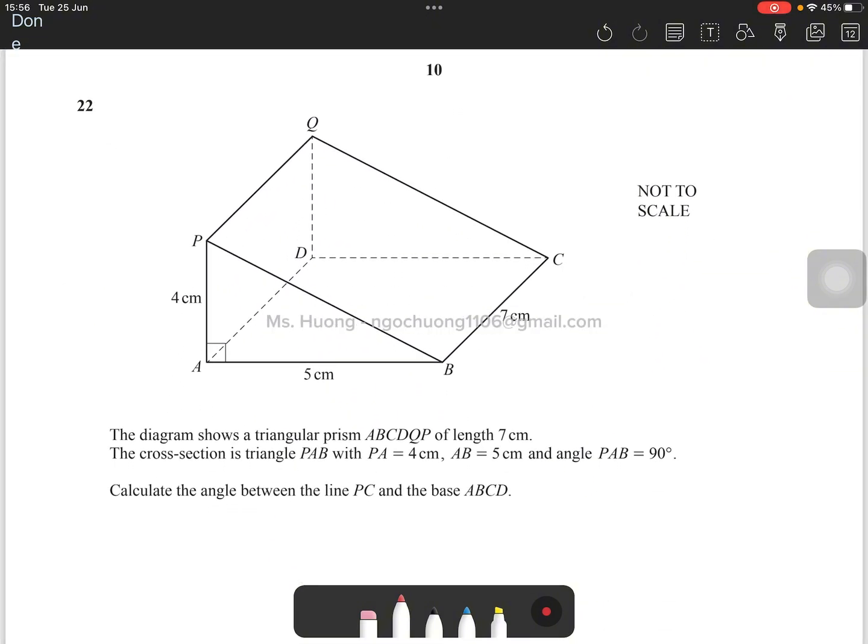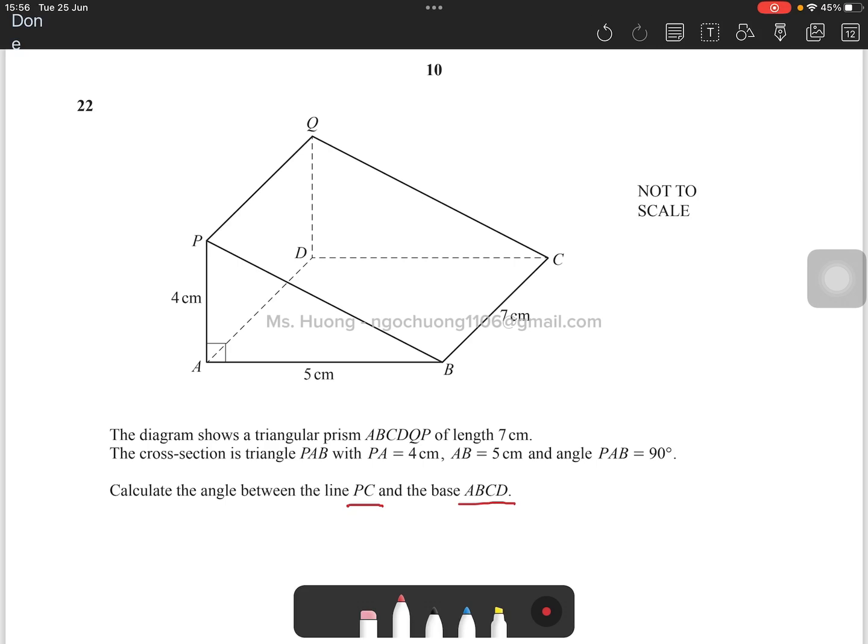Question 22. The diagram shows a triangular prism ABCDQP of length 7 centimeters. The cross-section is triangle PAB with PA equals 4 centimeters, AB is 5 centimeters and angle PAB is 90 degrees. Calculate the angle between the line PC and the base ABCD.